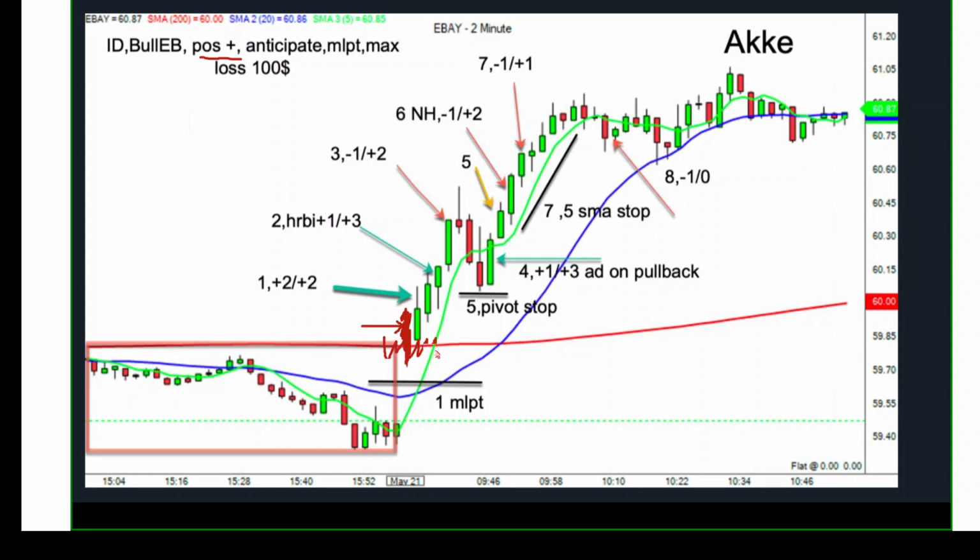I think Tony spoke about that already in one of the previous sessions, right? So this is a very strong play. The location here is perfect, right? Not only position plus, but also off the MA200. Wow, juicy, very juicy.